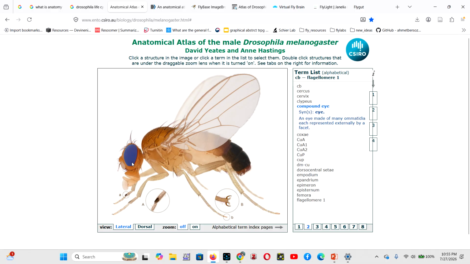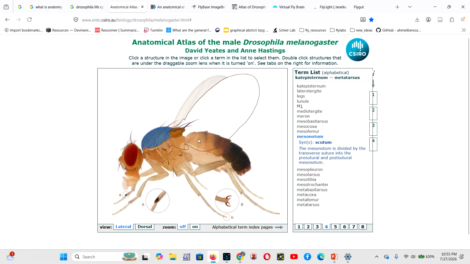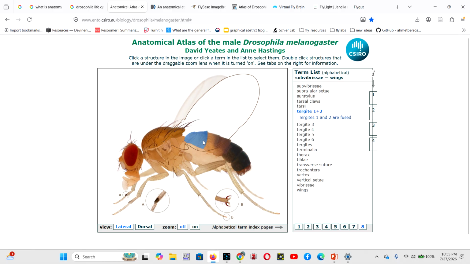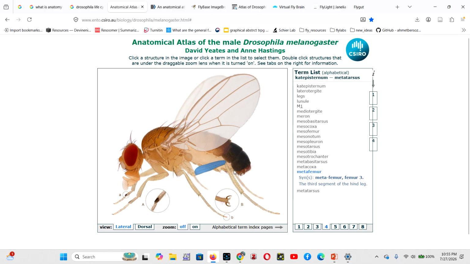If I click here, it's a compound eye, and here it's called the mesonotum. If I click here, these are parts of the abdomen. You can click on every part, and there will be a very short and brief introduction. If you are new to this field, I would highly recommend exploring this website.